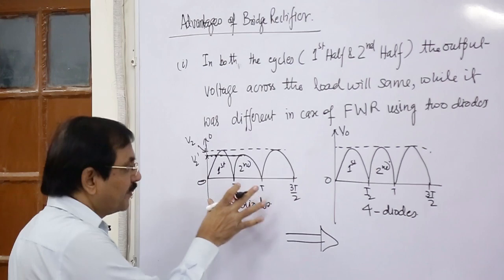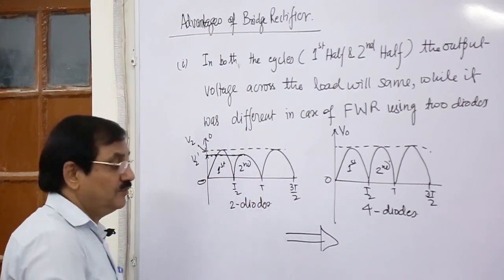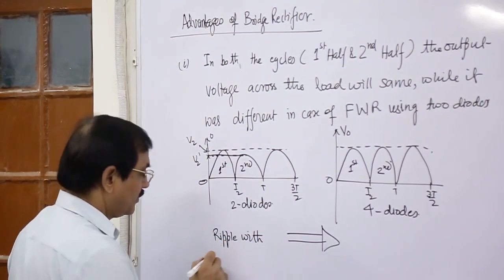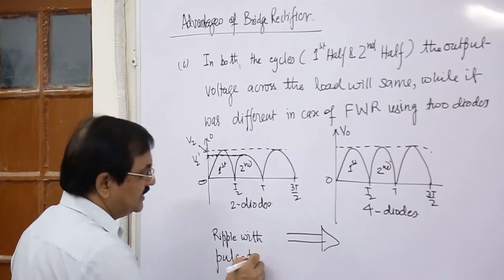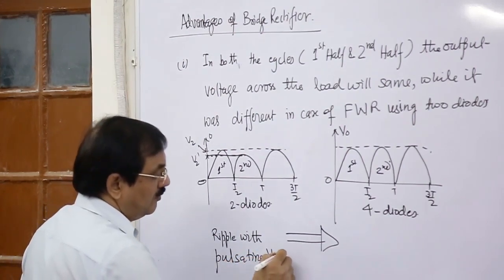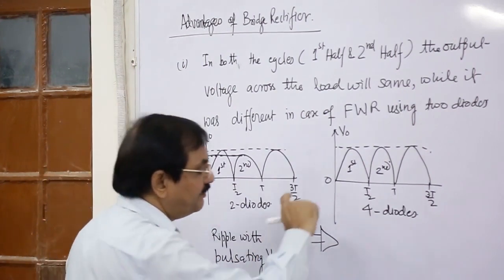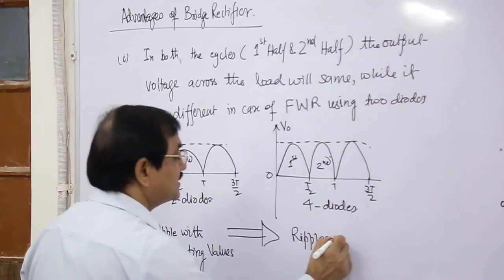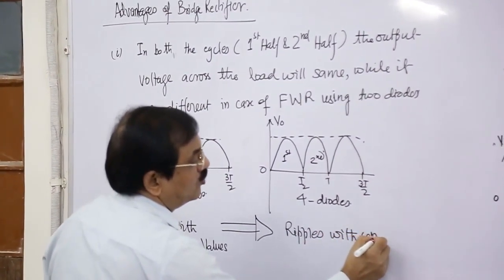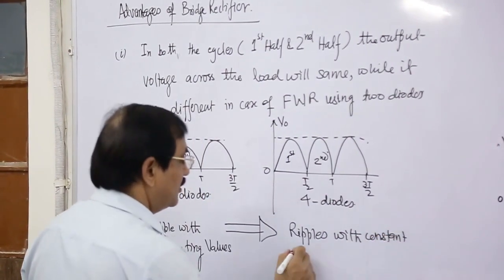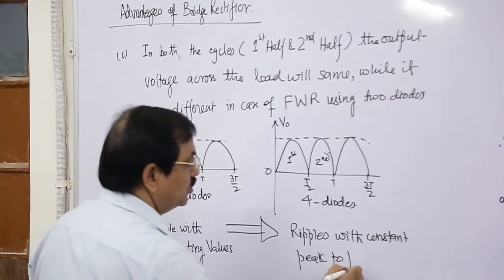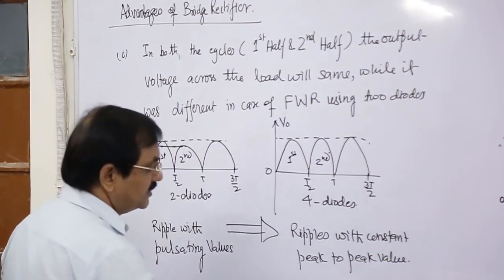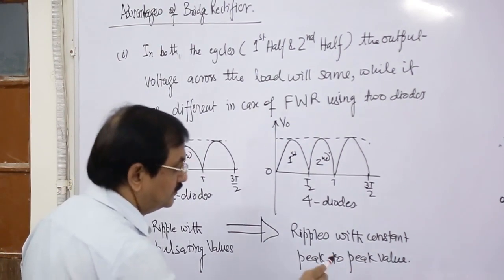So this is the ripple with pulsating value, a ripple with pulsating value, and here ripples with constant peak to peak value, something like this.